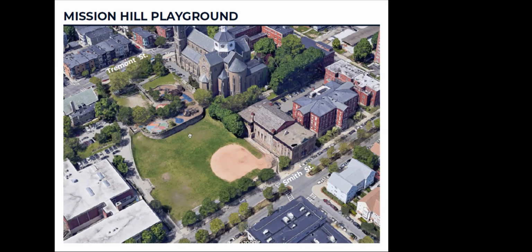The students at the Tobin and the Mission Grammar School use the playground during the school day and after school. I know lots of other children do as well, but we tend to dominate during the school day. So it is a crucial part of their way of getting some exercise during the day.